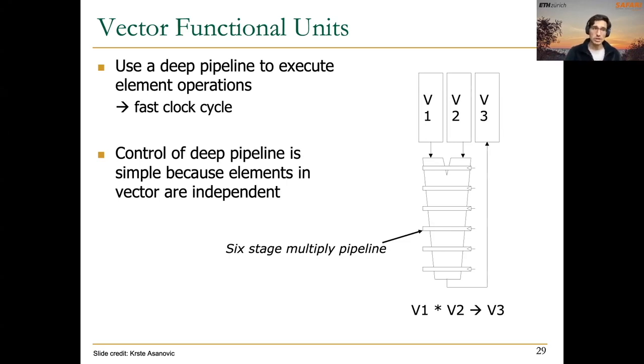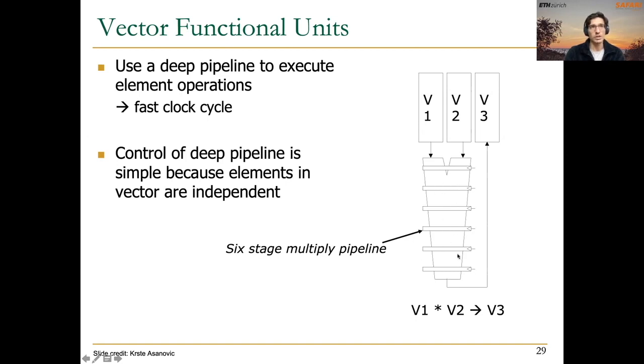Pipelining the execution means that in the first cycle we start executing the instruction on element 0 in register 0. In the next cycle we go to the element in register 1. In the next cycle we go to the element in register 2, and so on. And they start making progress through this pipeline of multiple stages, as you see.